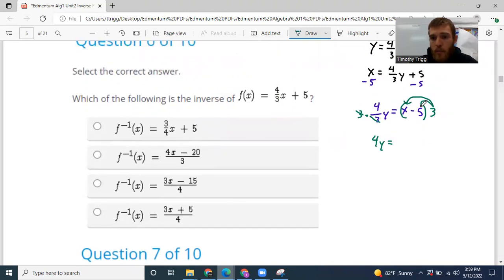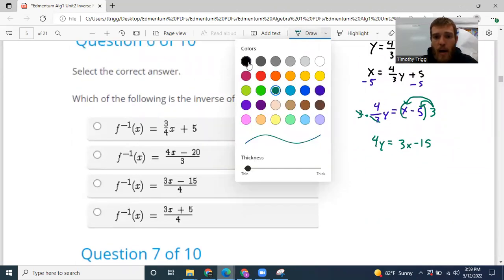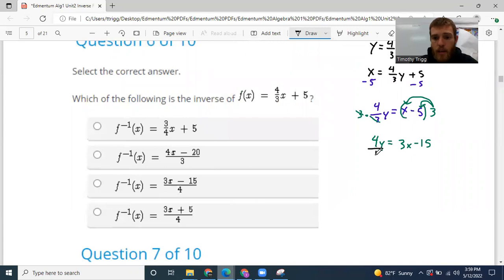So the 3 multiplies with both of these terms, giving us 3x minus 15. Lastly, divide both sides by 4 to get y by itself. Then replace the y with f inverse of x. So f inverse of x equals 3x minus 15 over 4.